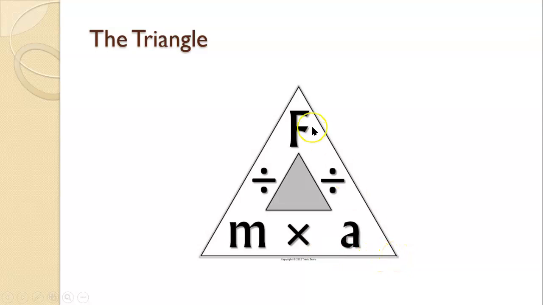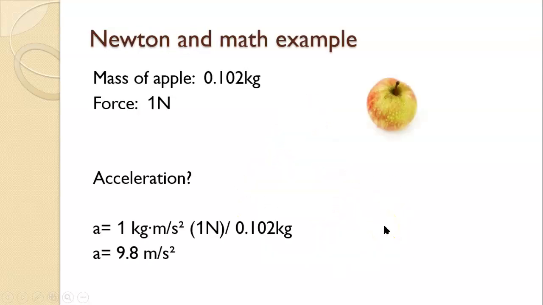In our triangle, force is at the top, and then mass and acceleration, it doesn't matter what order they go in, but we usually do mass first and then acceleration. Force is equal to ma, or m times a, mass times acceleration. Mass is equal to force divided by acceleration, and acceleration is equal to force divided by mass.